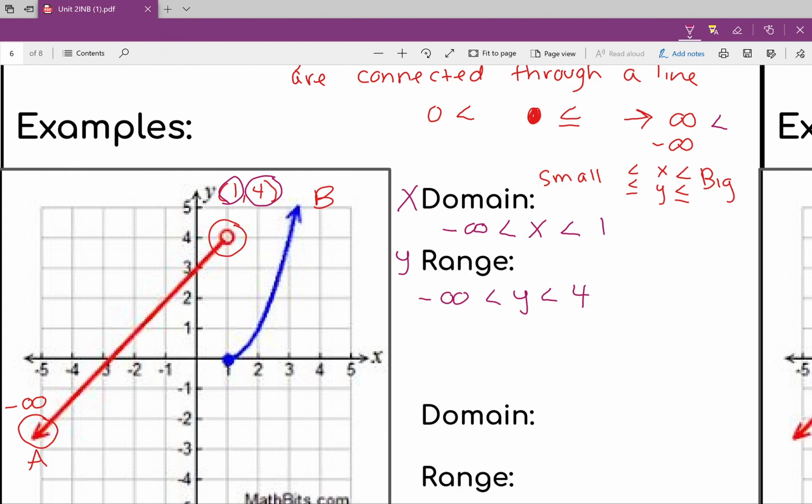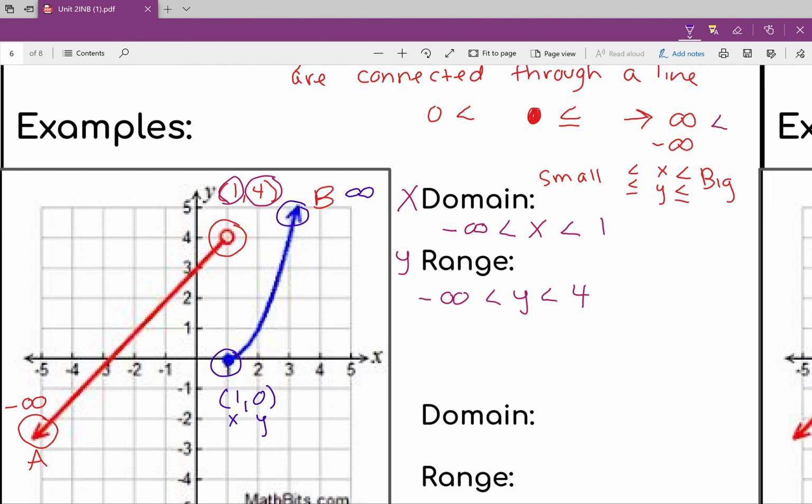Let's look at the blue line where I labeled it B. We're going to do the same thing and look at both points. I have a closed circle here, and I have an arrow here. This arrow, since it's going up, I'm going to say that's positive infinity. And this point right here is at 1, 0. Remember, this is going to be my x, and this is going to be my y.